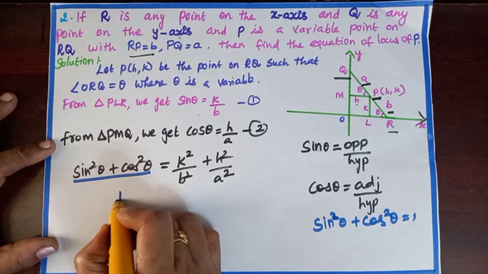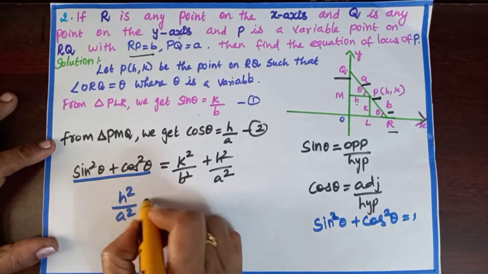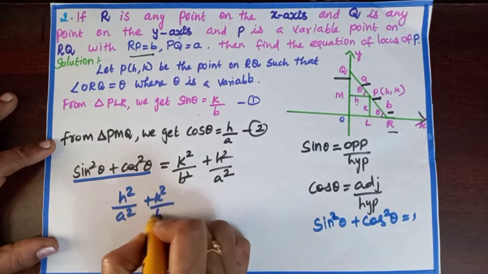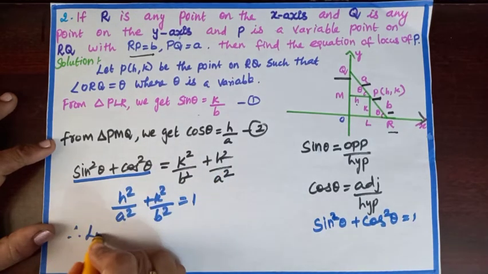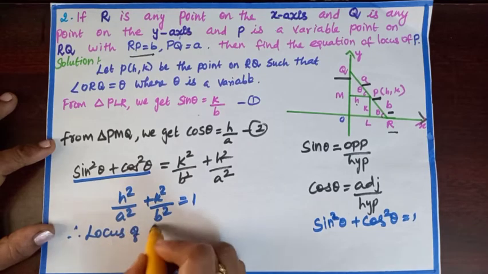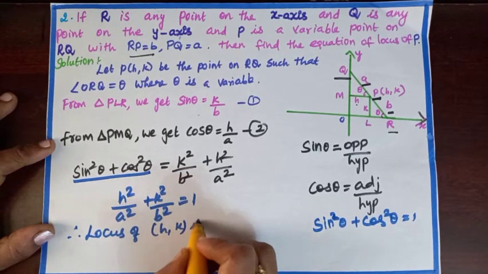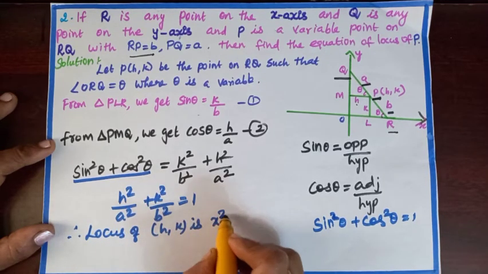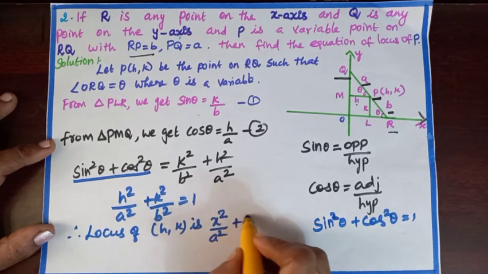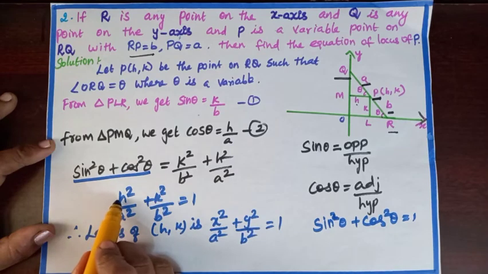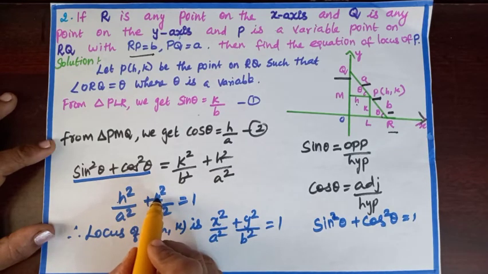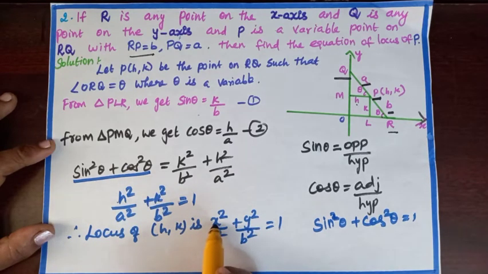Then we get h²/a² + k²/b² = 1. Therefore, the locus of (h, k), replacing h by x and k by y, is x²/a² + y²/b² = 1, the equation of locus of P.